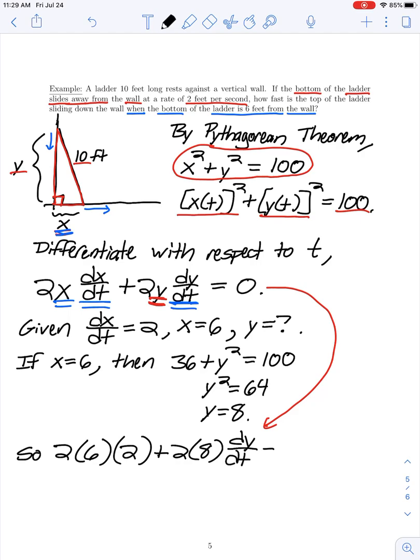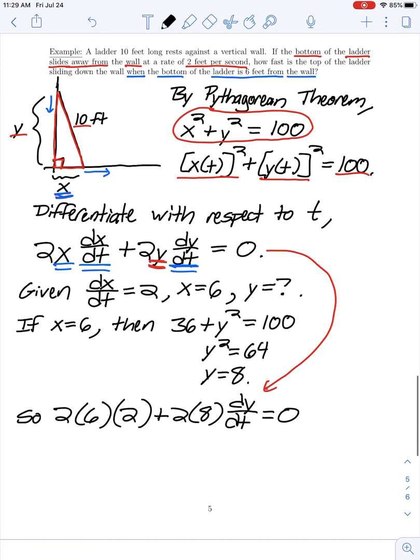This is equal to 0. So on our left-hand most expression, we have 4 times 6, or 24, plus 2 times 8 is 16 dy dt is equal to 0.